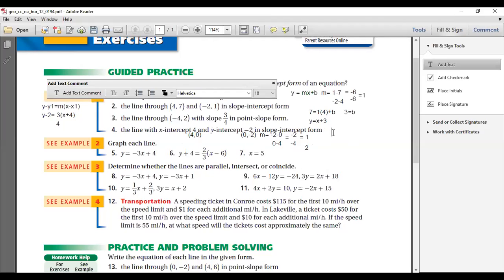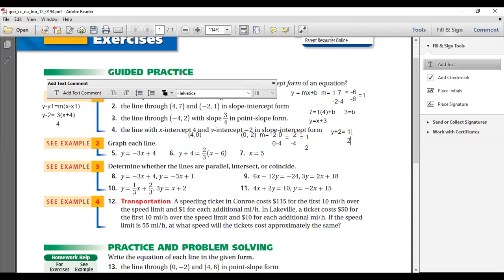So let me put that in the form. So y, we always start with the y, minus y1 is -2. So if I write a -2 there, it's going to be something like this. So finally, when you simplify it, it's going to be +2. So rather than writing -2, I just wrote it as +2 equals, what's the next thing? The slope. So the slope was 1 over 2.